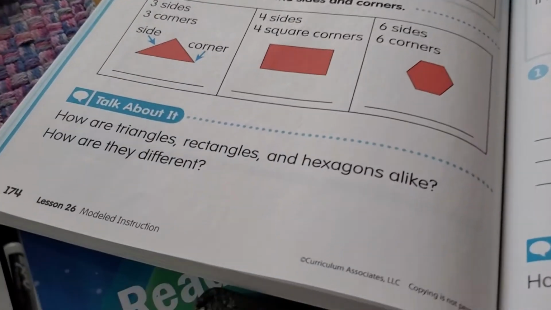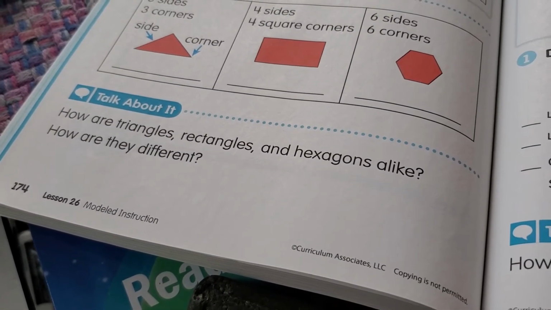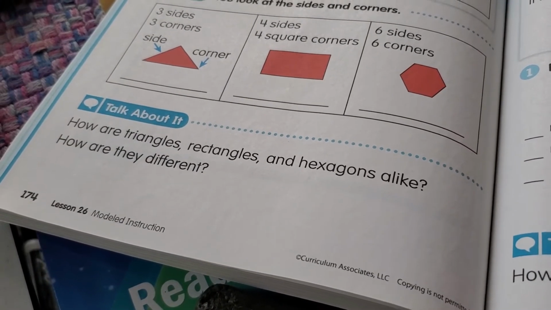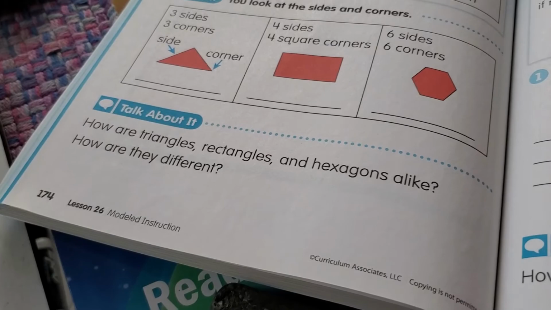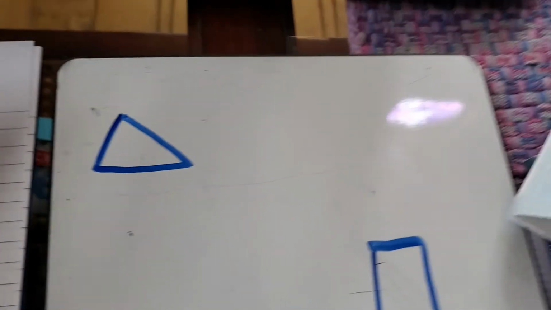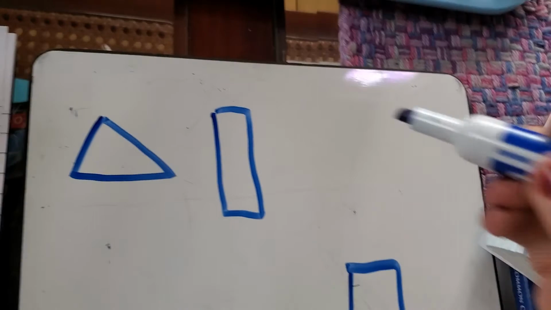But what I really want to look at is this question down here. It's a tricky one. It says, how are triangles, rectangles, and hexagons alike? How are they different? So let's make sure we draw a little triangle, a rectangle, and a hexagon.